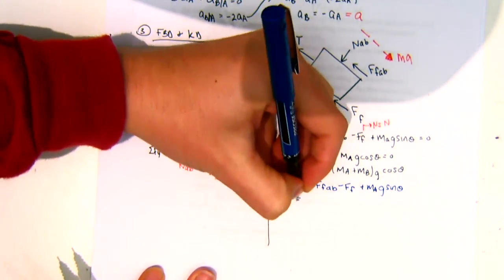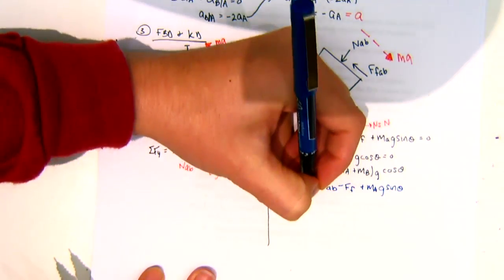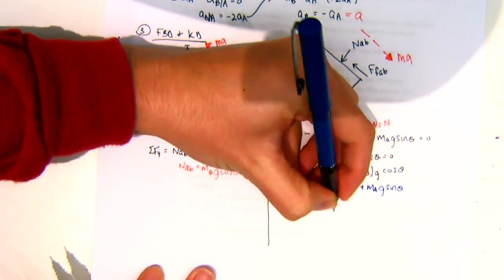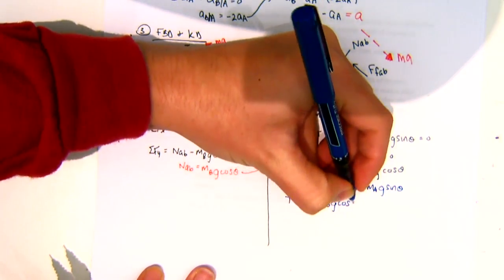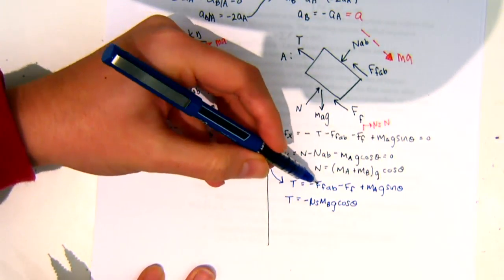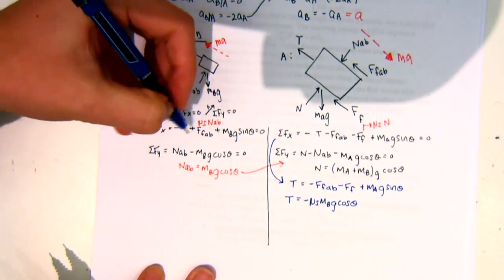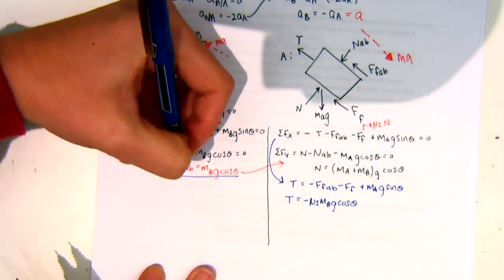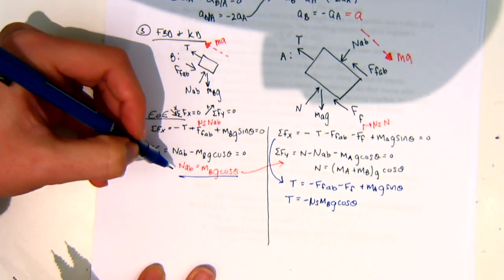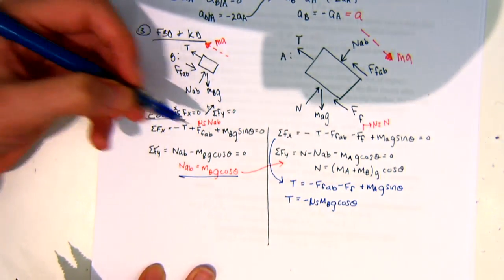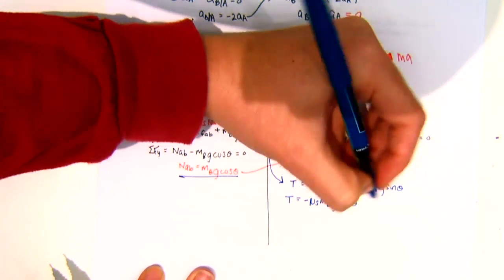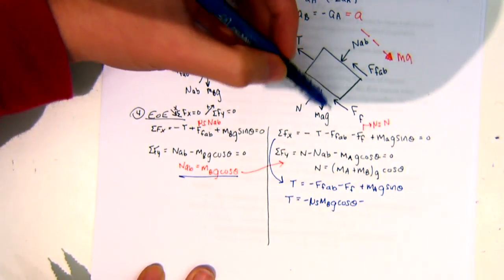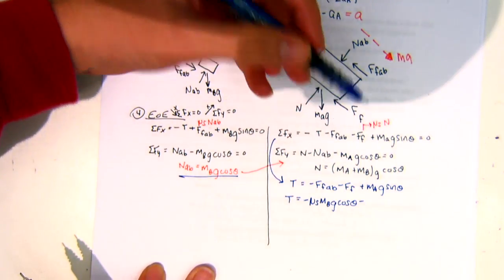So I can say that T is equal to negative mu s MBG cosine theta. So that's my force of friction of AB. So that was just mu s times NAB. So that's where that came from. Do you guys see it? So mu s times NAB. Then I have minus, so my force of friction, which we said was mu s times the big N.